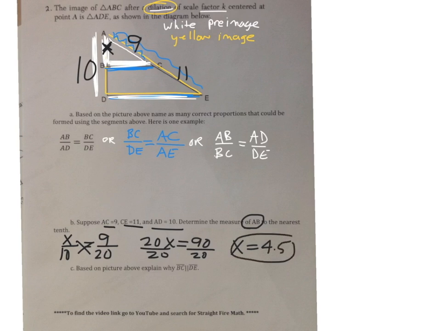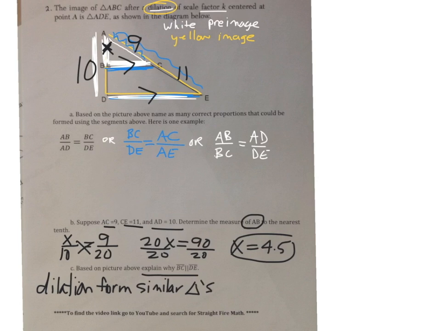Alright, this is based on the picture above. Explain why BC must be parallel to DE. Well, what do we know about the triangles? It says that there was a dilation. And a dilation makes or forms similar shapes or similar triangles.